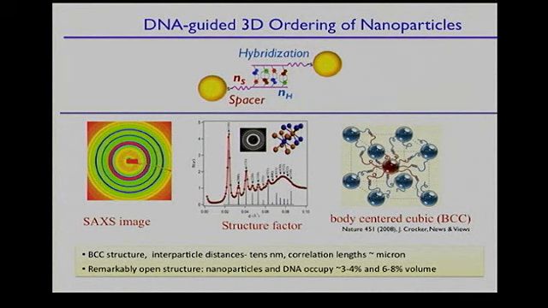It's only a few percent. Another maybe up to 10% is DNA. The rest is really empty volume, which potentially allows many, many modifications, which I will tell you about later during the talk. Essentially, the particles can be generic. In this case, it's gold, because the chemistry of attachment to gold is relatively simple. It's thiol chemistry. But as I will show you later, some other materials can be incorporated.